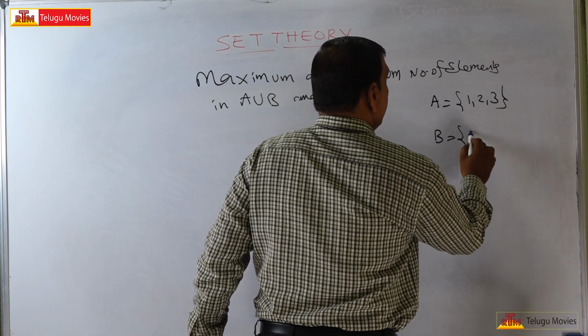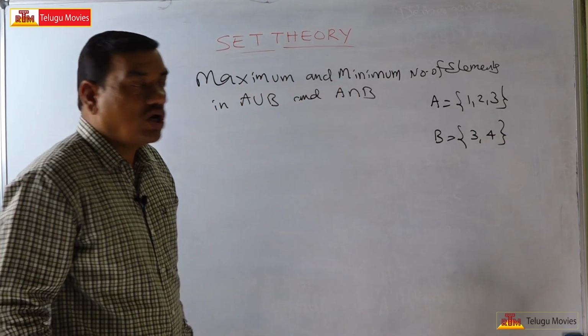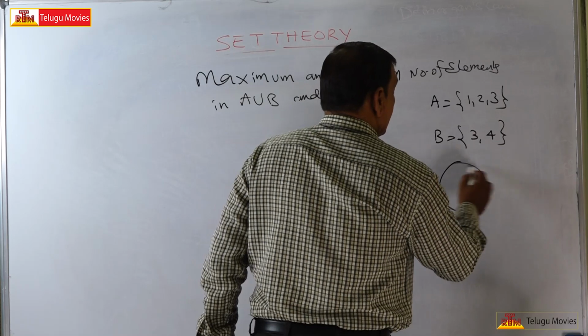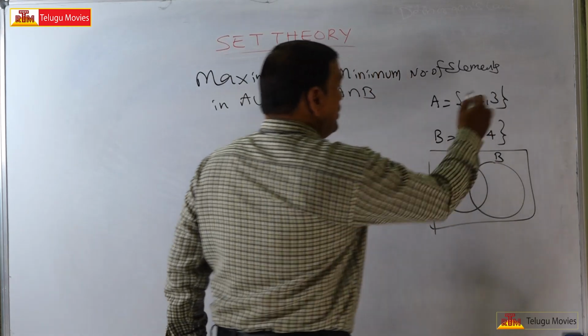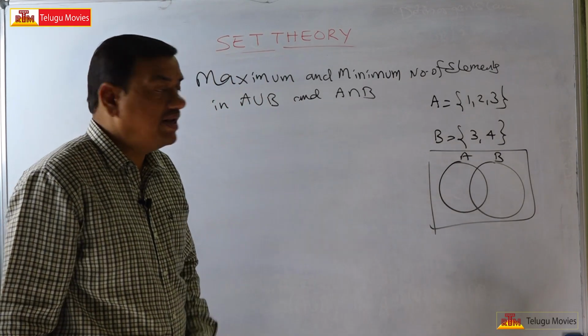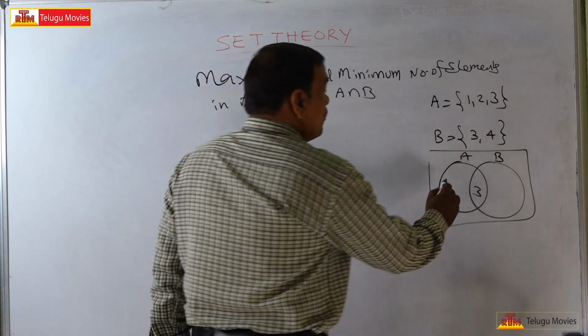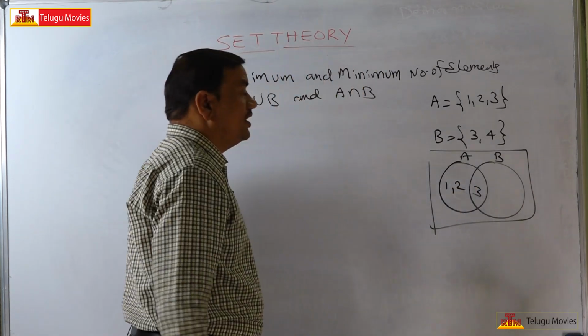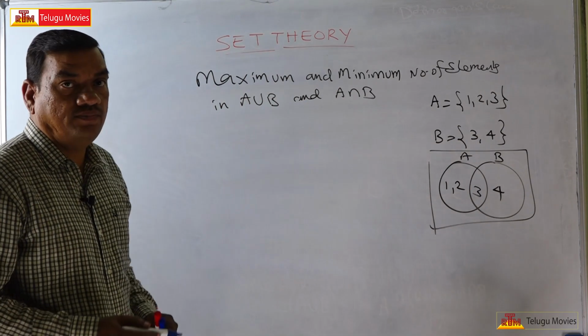B contains the elements 3, 4. So let us draw the Venn diagram here. A, B. So here 3 is the common element, so we can insert 3 here. Here 1, 2, here 4. This is the thing that we have.